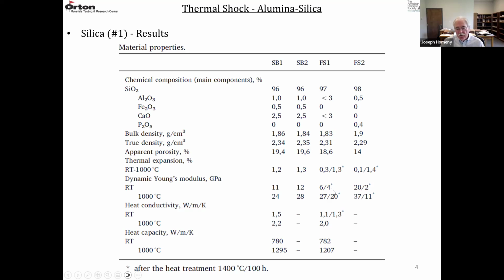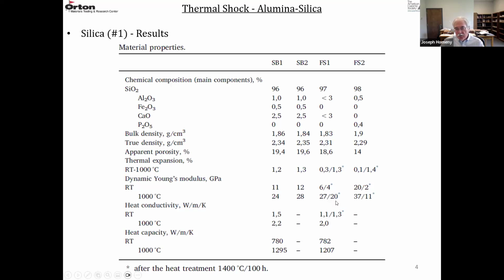And then the ones with the asterisk have been heat treated. So once they're heat treated and you start forming tridymite and cristobalite, you form microcracks. So these values are pretty low. And that's the idea here, is to heat treat these two materials, the fused silica materials, create microcracks and see their effect on thermal shock behavior.